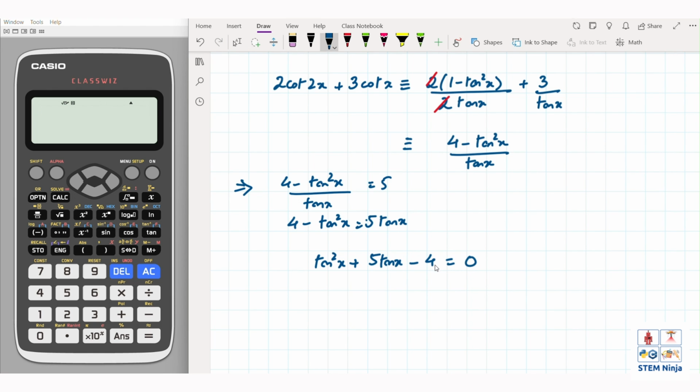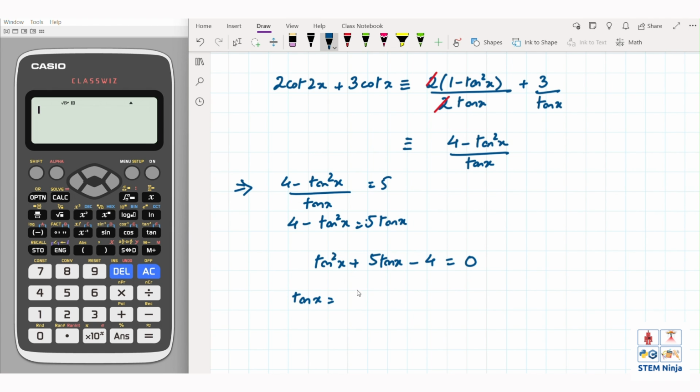Now there is no combination of factors of 4 that works. We can have 2, 2, we can have 4, 1, where we get a negative 4 and the sum is coming out to be positive 5. So we need to do this with the quadratic formula.